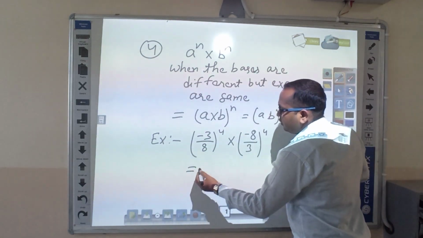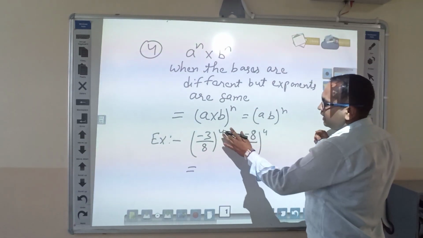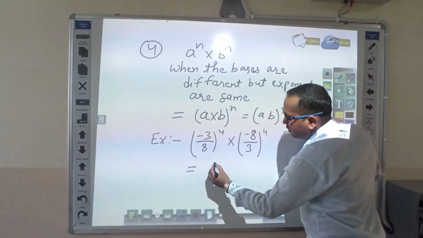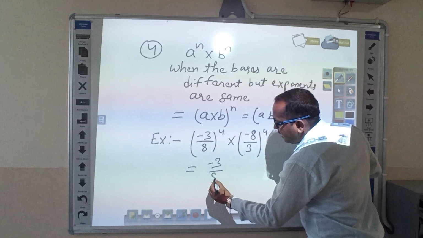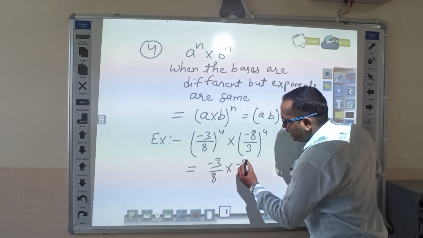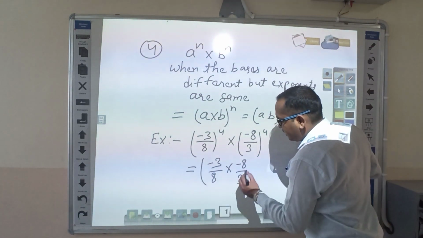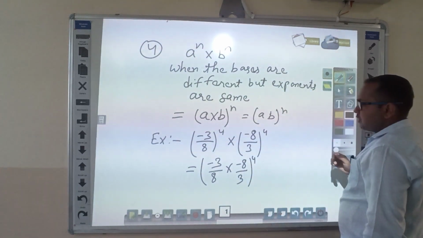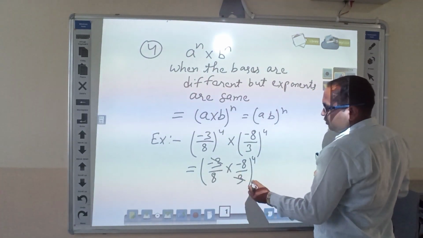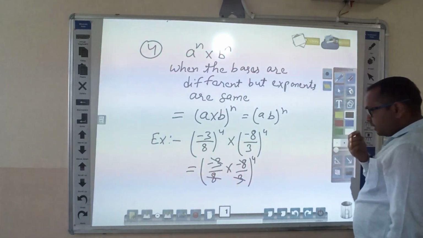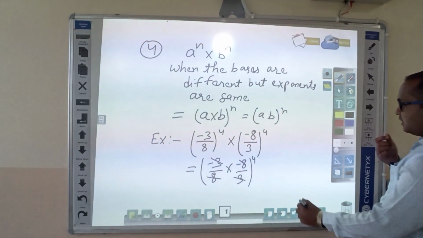So we do the operation of bases taking the exponent as common. So 3/8 × (-8/3), taking the exponent common. 3 cancels 3, 8 cancels 8.